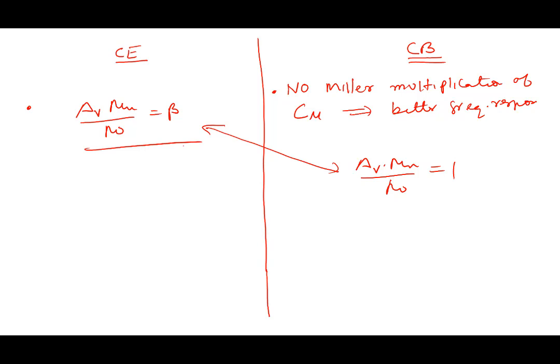In a way, for a comparable gain and output resistance, Rn is higher here, or Rn is lower here. Right, so that's the sort of comparison that we are building in terms of common emitter versus common base.